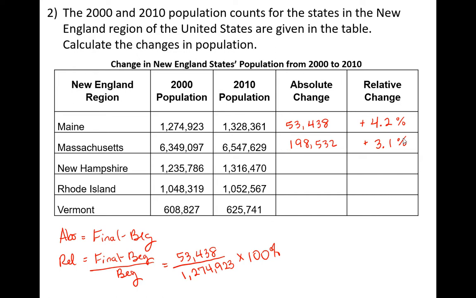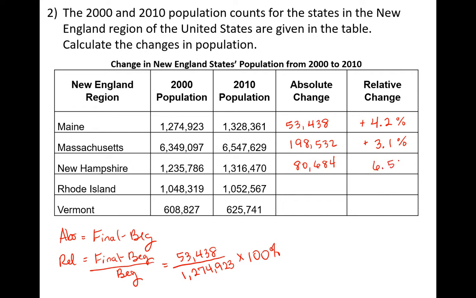1,316,470 minus 1,235,786. It's an absolute change of 80,684, or a relative change of 6.5%.